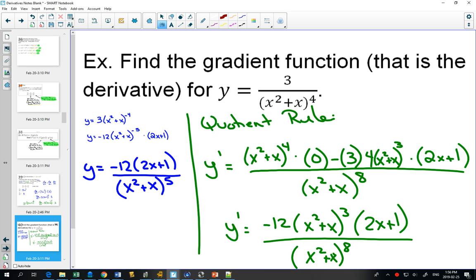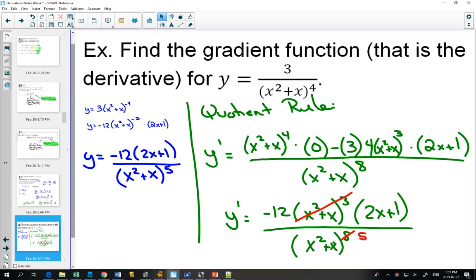And perhaps you can see that these factors are the same. So if you simplified them, you'd get negative 12 times 2x plus 1 over x squared plus x to the 5, and those answers are identical, which is good. There shouldn't be derivative rules that give you different answers if you decide to use different ones. So we could use the quotient rule, and either way, your algebra simplification will give you the same answer.